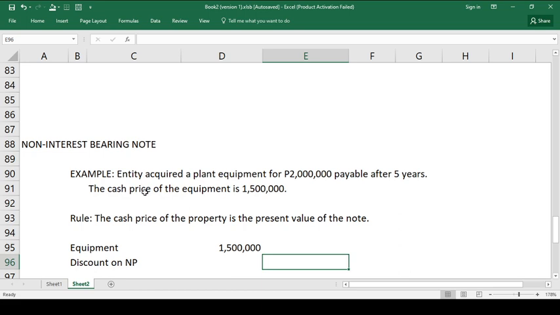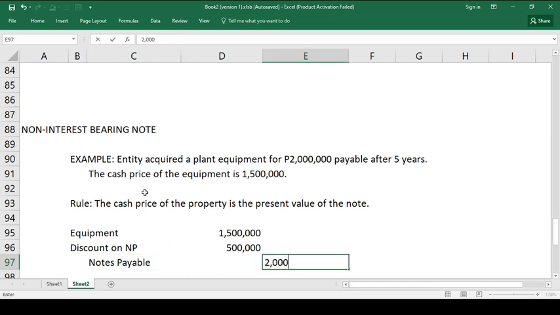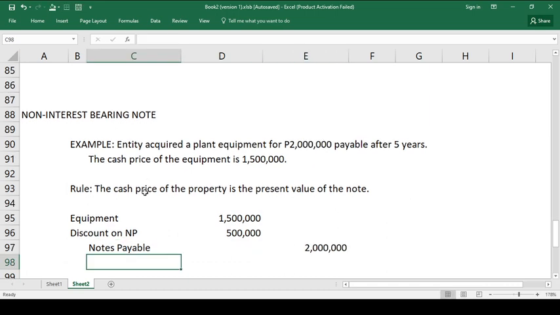Again, what principle is being inserted on this type of transaction? Yung substance over form again. So, discount of 500,000 pesos, then you credit notes payable for 2 million pesos. Very basic lang, no?